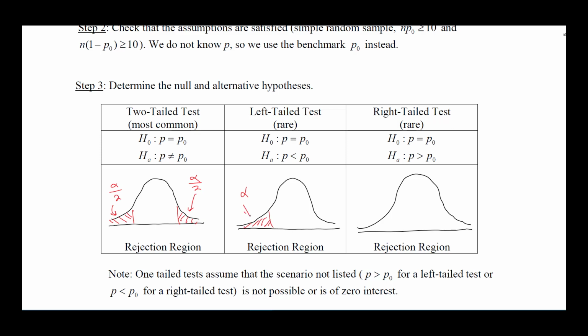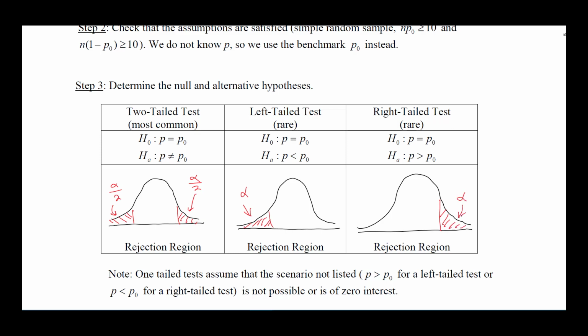So we might put all of our alpha in the left tail, in which case our alternative hypothesis is that p is less than some benchmark. And in a right-tailed test, all our alpha is going to be in the right tail.